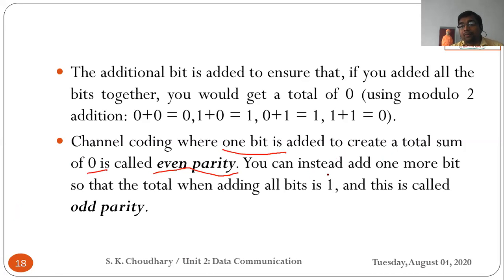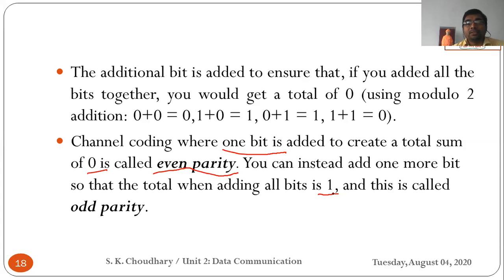You can instead add one more bit so that the total of all bits is 1; this is called odd parity. So when you add one bit and take the sum of all the bits, if it comes out as 0, it is called even parity, and when the sum comes out as 1, it is called odd parity. These are the differences between even and odd parity that you have to take care of.